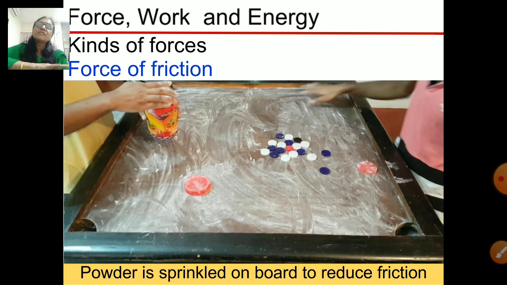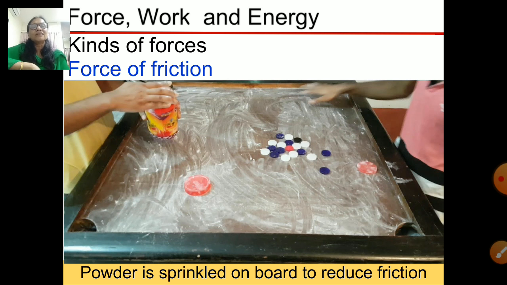So what happens when you do not put this powder? The surface is rough. As the surface is rough, more friction is created, and because of the more friction, the coins do not move smoothly on the carom board.